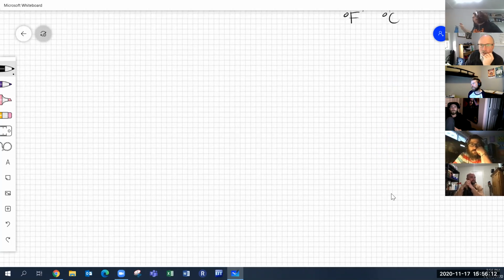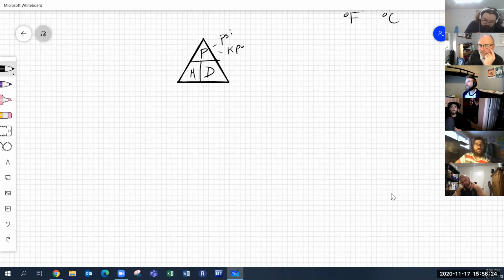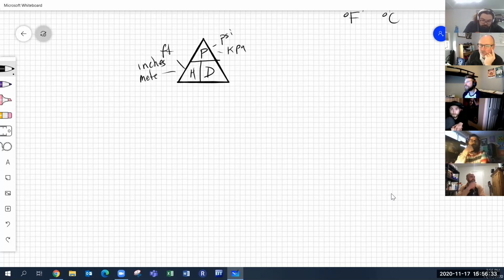So we know that first off, pressure is calculated by height and density. So P is in PSI or KPA. Pressure is in PSI or KPA. Height is either in feet, inches, or meters, pretty much is all we do, right? So if my height is in inches, I will multiply by 0.0361 PSI per inch.